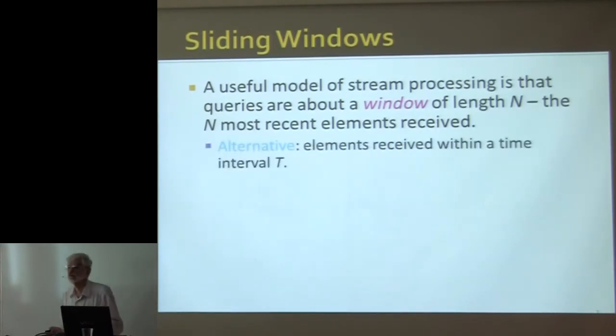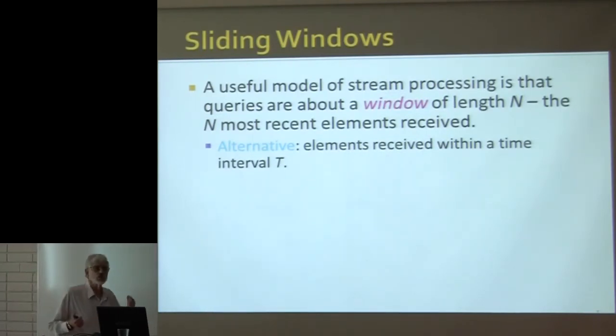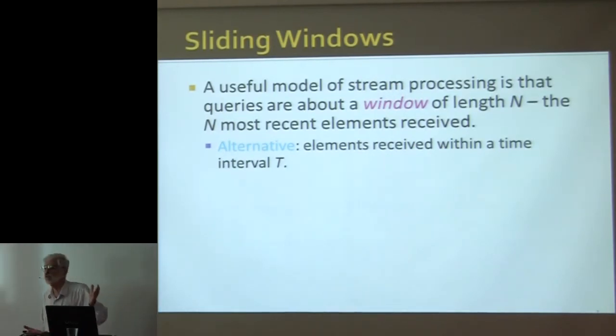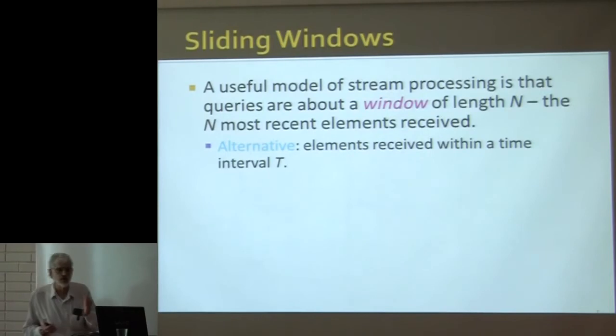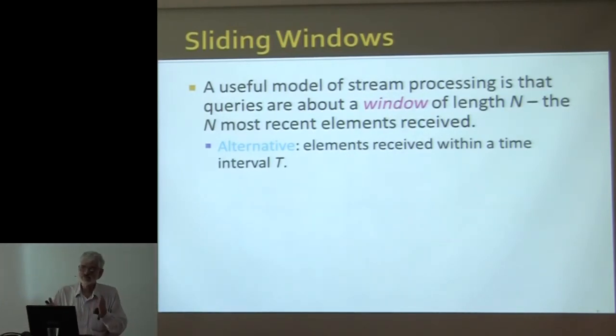Sometimes the window might be time delimited, so all the inputs received in the previous hour. But the idea is that you just can't go back forever in the history of the stream. You have to keep focusing on the last so much of the stream.